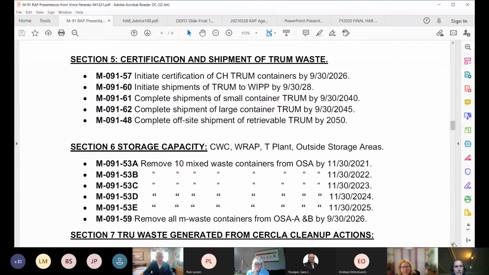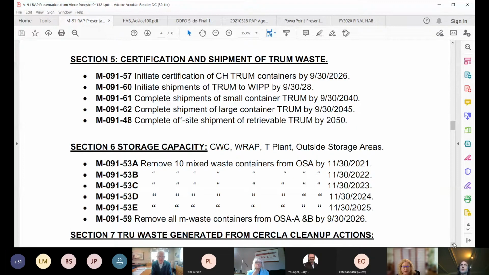Section 5 gives you these dates: certification in 2026, 2028, shipment 61, 62. Milestone 48 says complete offsite shipment or retrieval of TRU by 2050. And that's pretty much consistent with previous HAB advice. So that's okay.